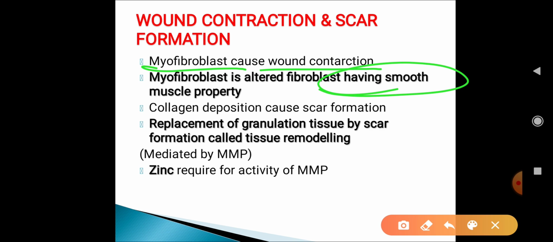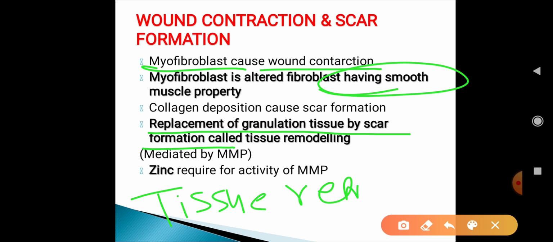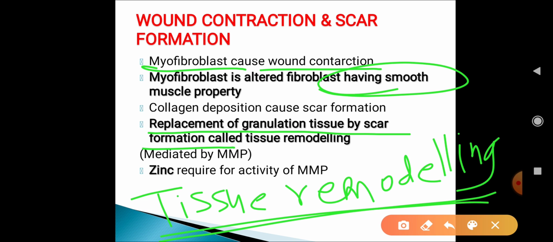So in the secondary healing, there is replacement of granulation tissue by scar formation. In the primary healing also there will be scar formation, but it is less as compared to secondary intention. The replacement of granulation tissue by scar formation is known by the important name tissue remodeling. Now you can understand what tissue remodeling is.